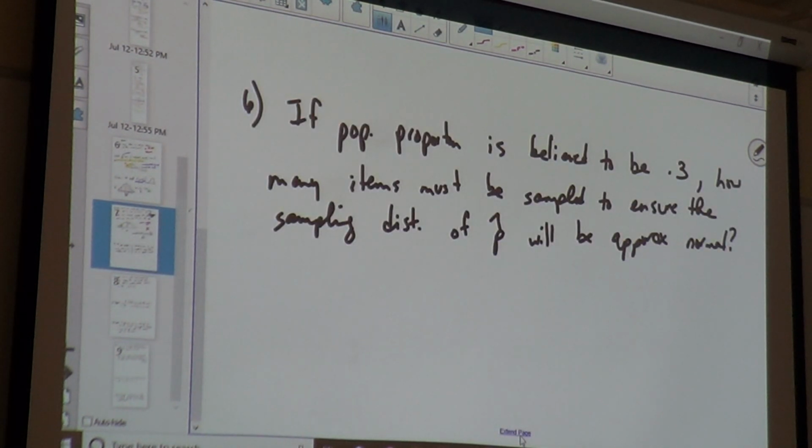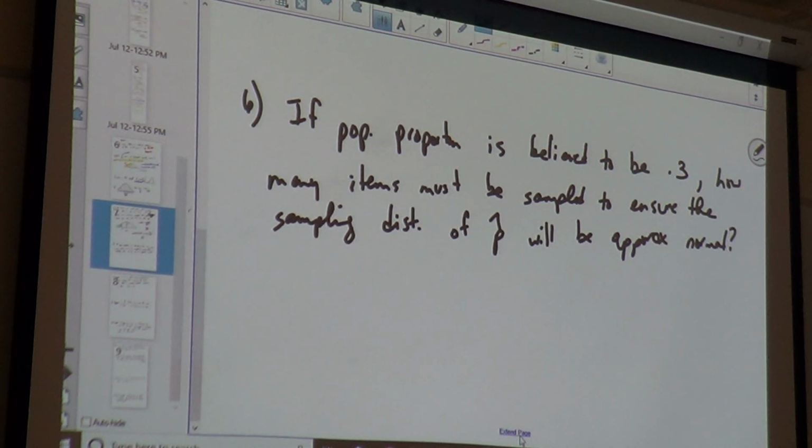If the population proportion is believed to be 0.3, how many items must be sampled to ensure that the sampling distribution of p-hat will be approximately normal? So there's two things that we must do to make it approximately normal.